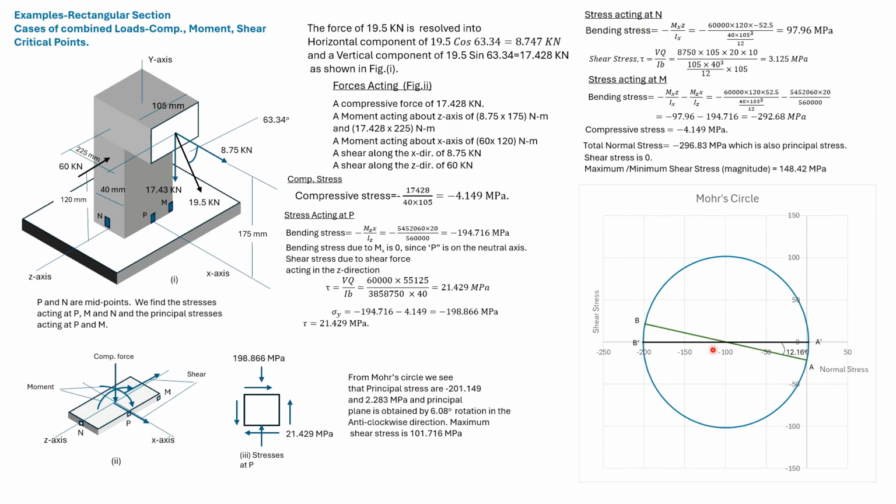From the Mohr diagram, we can see that if we rotate this element by 6.0 degrees in the anti-clockwise direction, then it will be subjected to only the principal stresses. The Mohr circle also gives the maximum and minimum shear stresses acting at P.